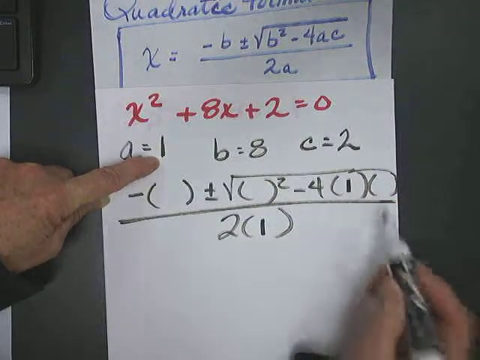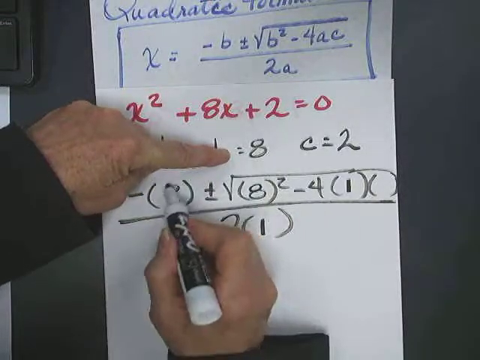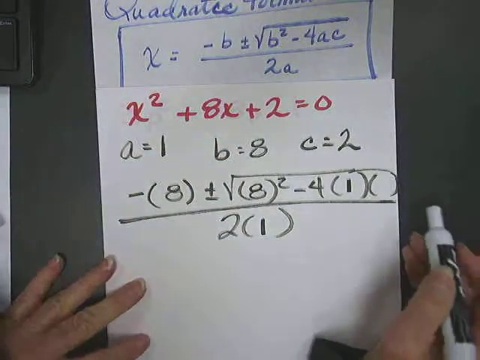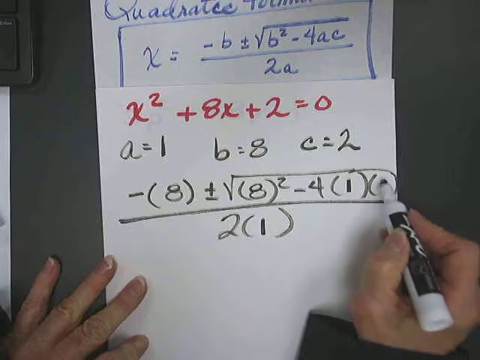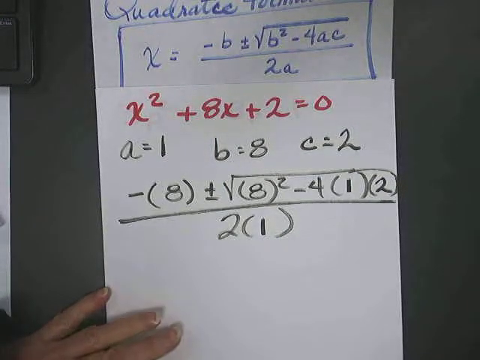Now the a goes here and here. The b goes here and here. And the c goes here.